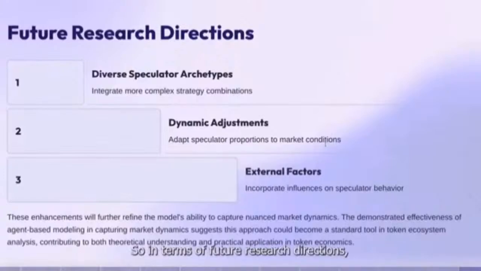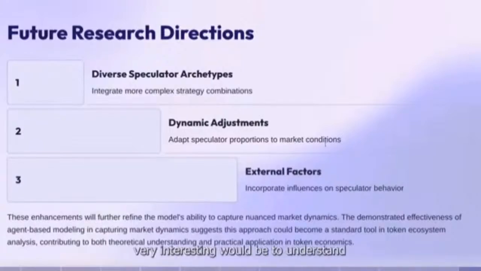So in terms of future research directions, these are some of the things that we are going to work on next, and if you're interested in collaborating on some of those things with us, just let us know. First of all, we'd like to integrate more complex strategy combinations. We'd like to adapt speculator proportions to market conditions and also incorporate external events, such as news stories.